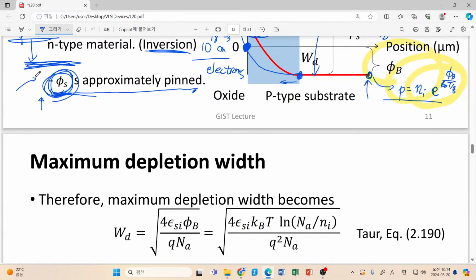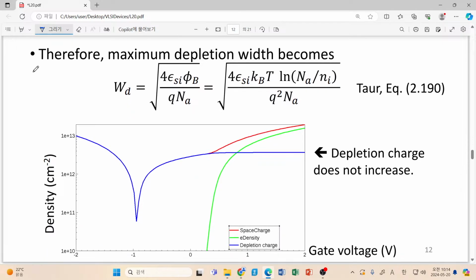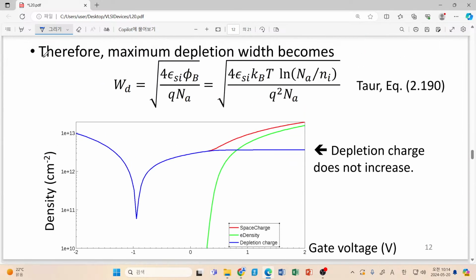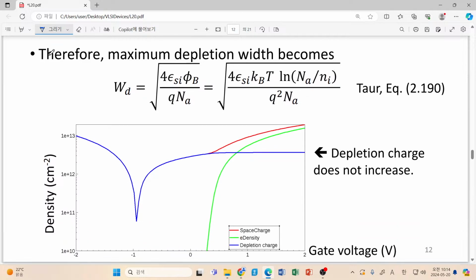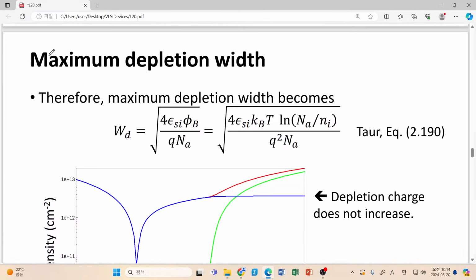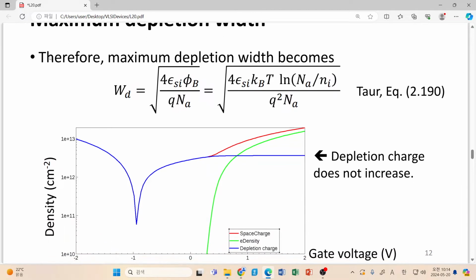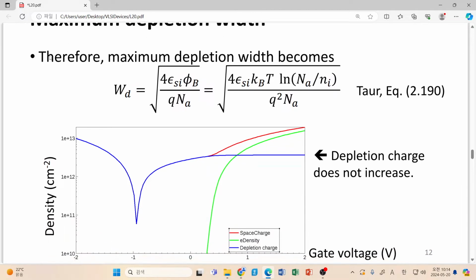So let me explain a little bit more. Maybe I have something here. Okay. So if we understand this one, then the surface potential is pinned and it does not grow any further. We can see that this graph is not an analytical result, but it is obtained from a simulation result.